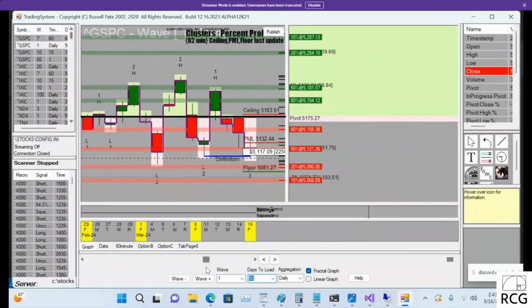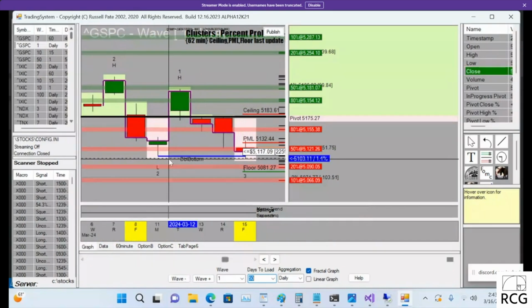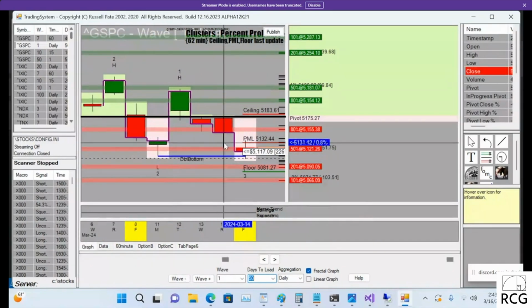What happens is, as the fractal is moving through time and price, these options start to change the contracts. Because most of the time on the platforms, when you're trading options, you're having to pick the strike and the expiration date.